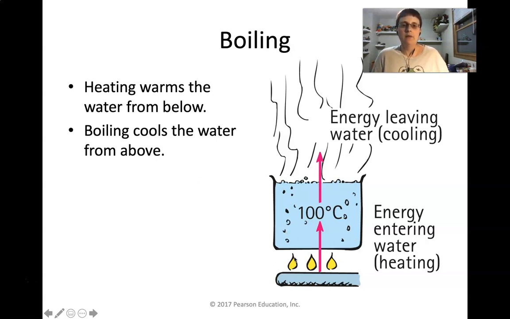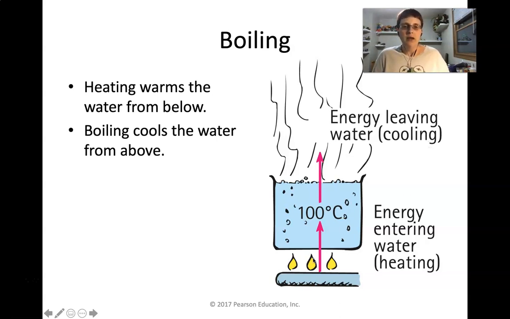You put heat down here, you get your pot finally boiling at that 100 degrees Celsius, and then the energy is going to leave and evaporate the water out of the top, which, remember, evaporating is a cooling process.